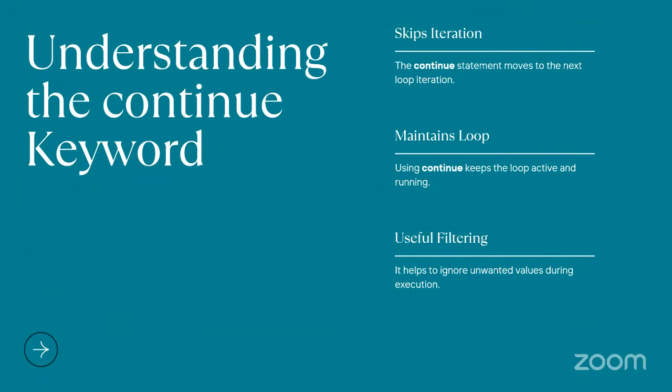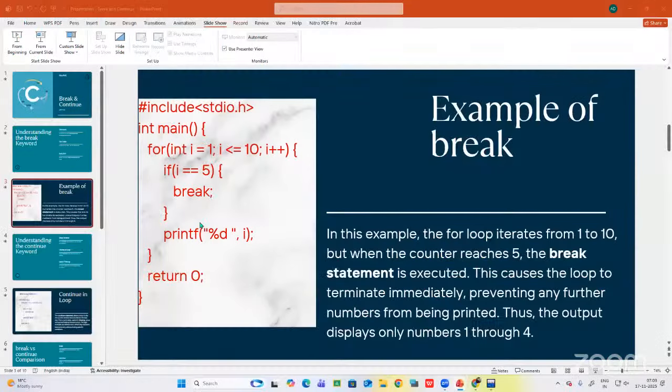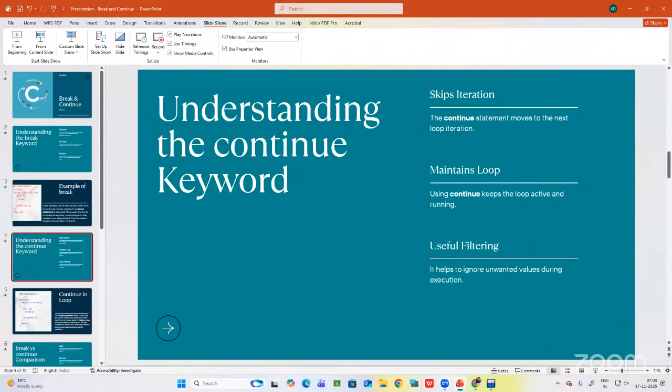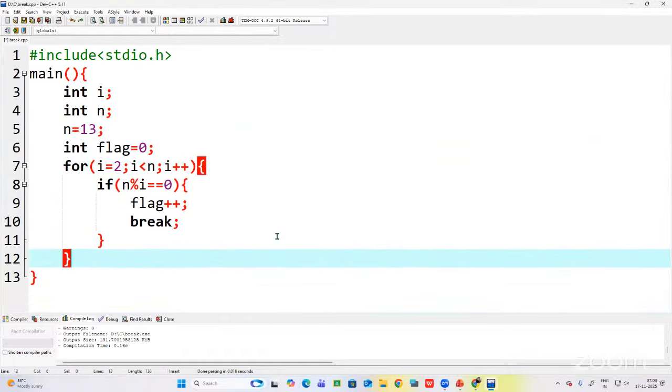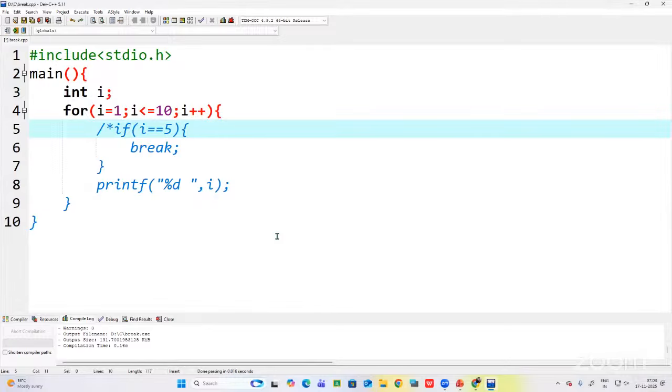The purpose of continue keyword is just it skips iterations. For example, in the earlier example, let me go back to the programming example that we have written. Yeah, this one.